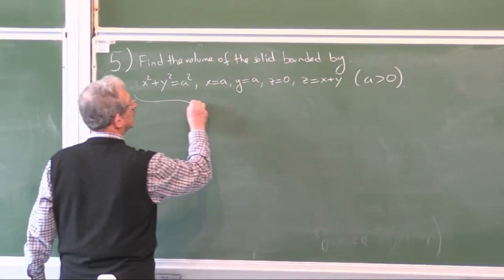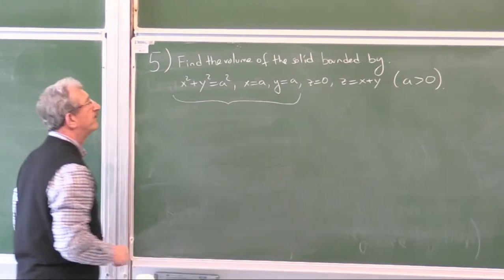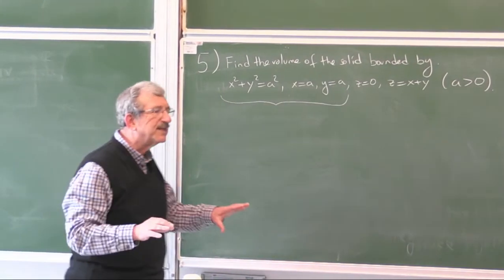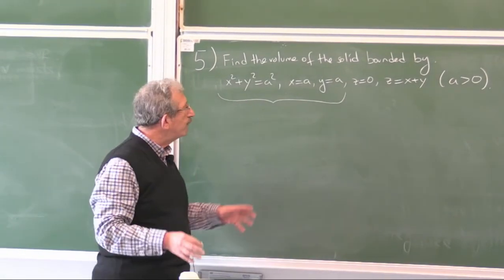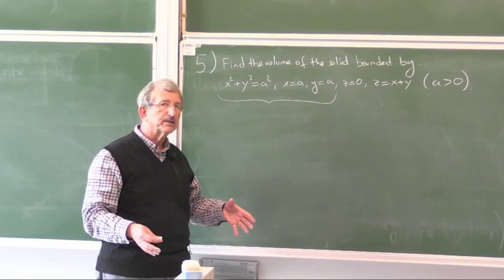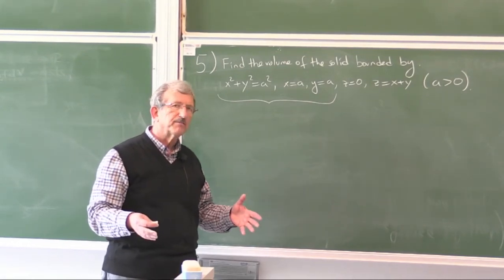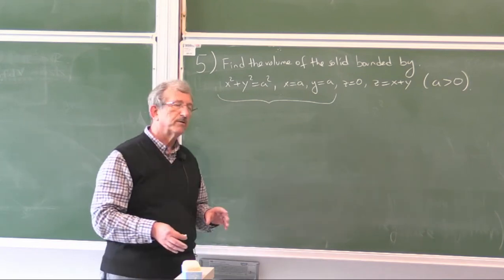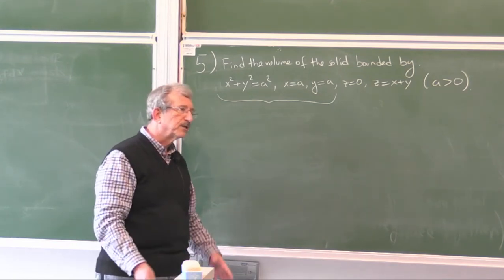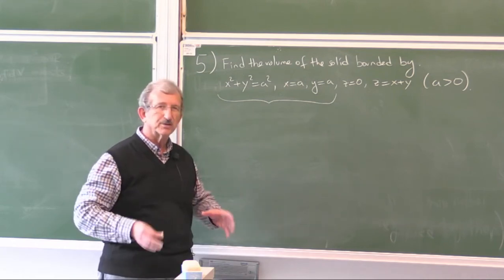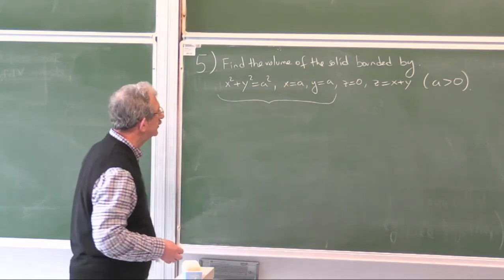These three conditions, because there are no z's in them, go vertical up in the z direction. We remember that from the original sketches we had. If there's a missing variable, then the surface is just going in that direction in a constant way. So it's vertical in the z direction here.